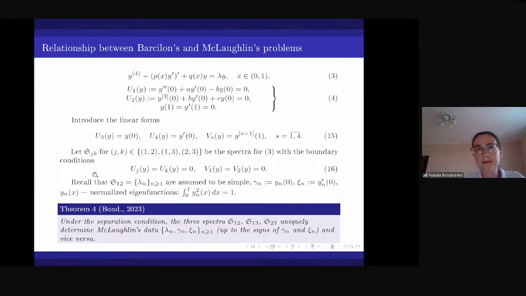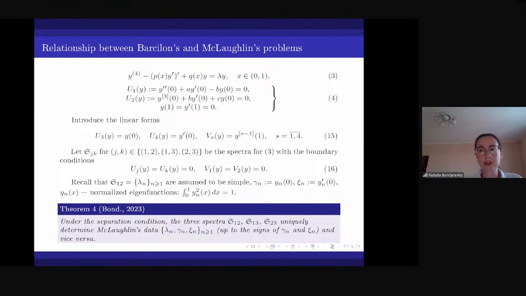Let us consider Barcilon's problem for spectra S_gk, for gk = 12, 13, and 23, which are the spectra for equation 3 with the boundary conditions 16 with these new linear forms. So we have fixed boundary conditions at 1, and we have different combinations of boundary conditions at 0.